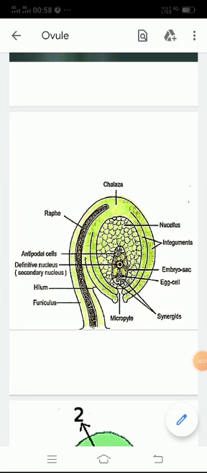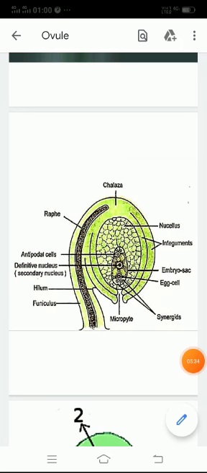This embryo sac is also called the female gametophyte. It has an egg cell, a large central haploid cell, and two supporting haploid synergid cells.